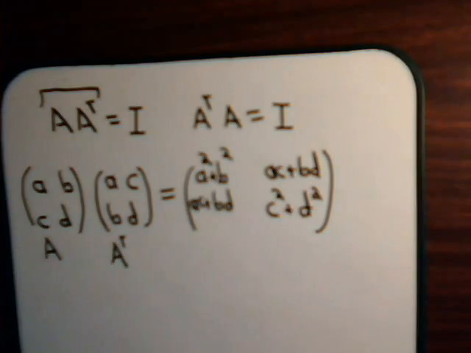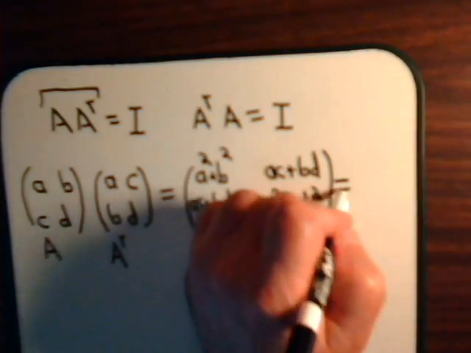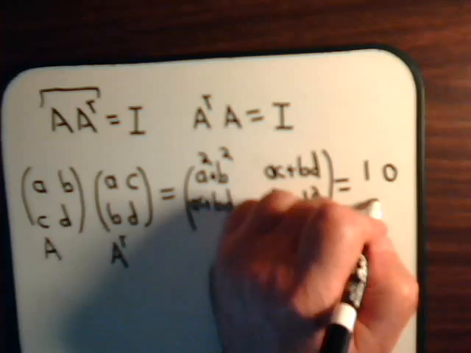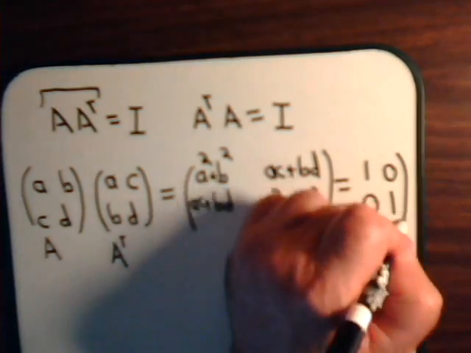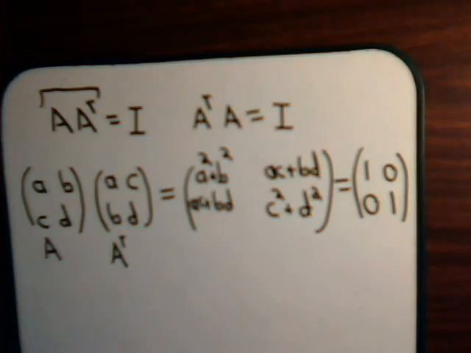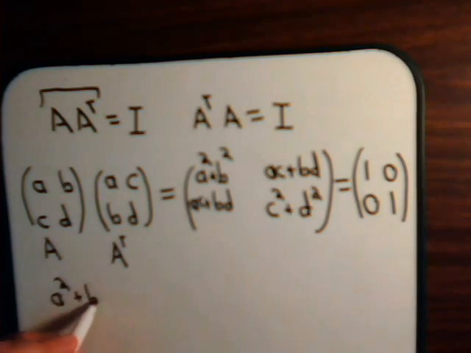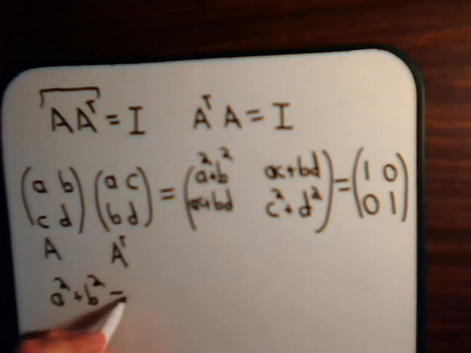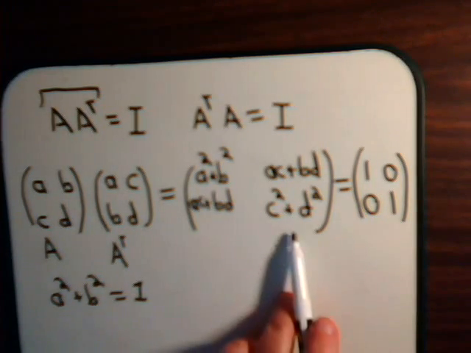And that's supposed to be the identity matrix. This is supposed to be 1, 0, 0, 1. So if this is true, this has to be 1, and so does this.